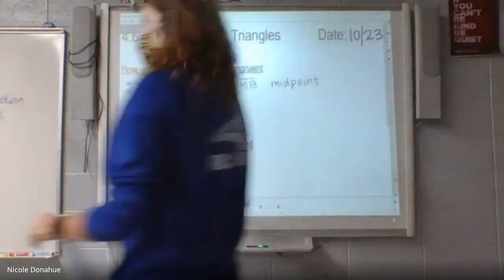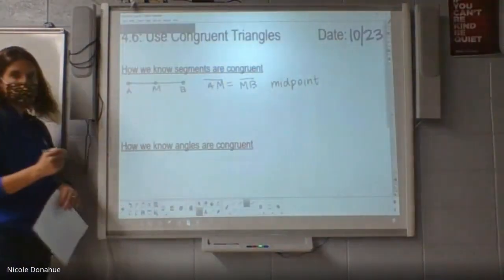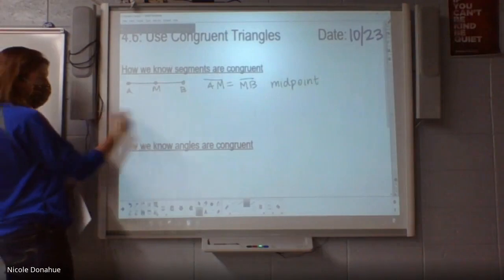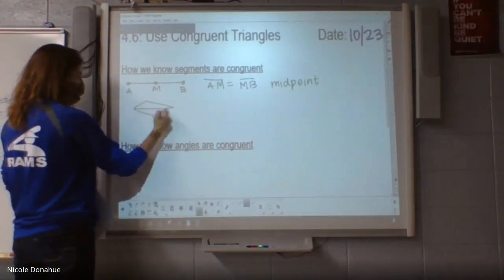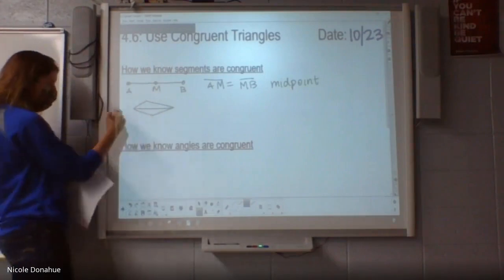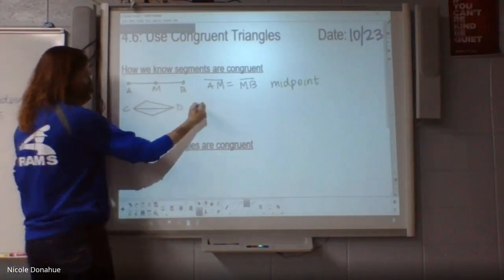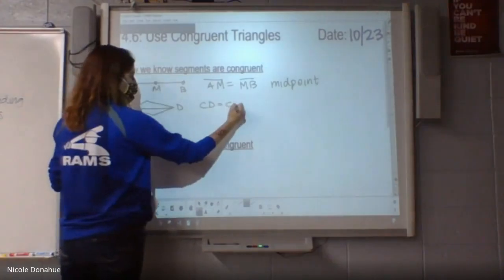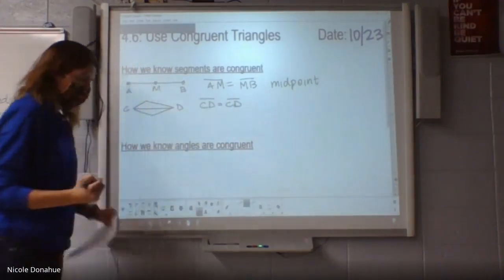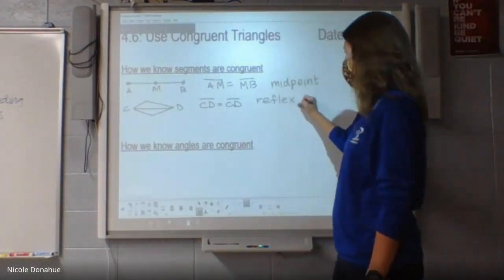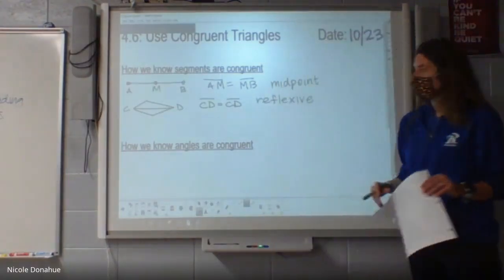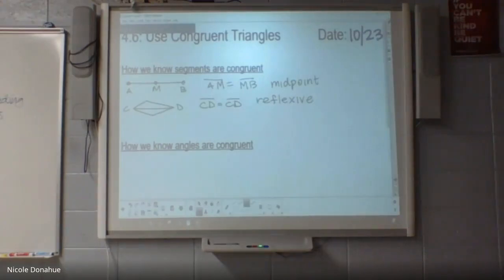The next one is one we've been using quite a bit, and that's reflexive. So when a side equals itself, so if I have... I'm just using my little cheat sheet here so I don't forget any of them.